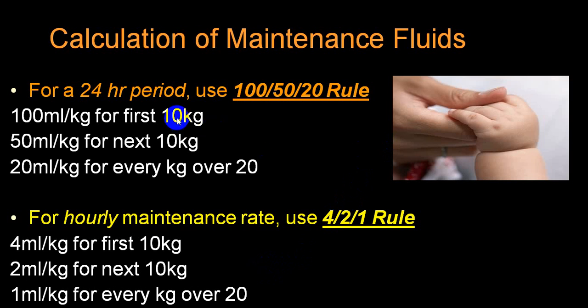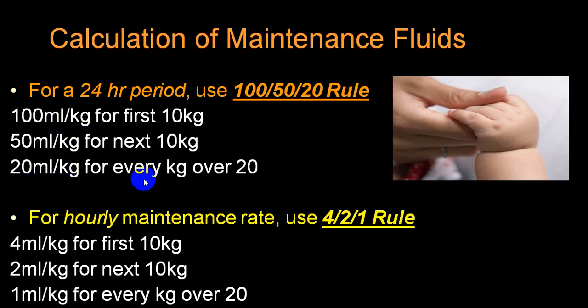And same if you calculate here, it will be 100 plus 50 plus for another 40 kg, it will be 80 ml. So 100 ml per kilogram for the first 10 kg, that will be 1 liter. Then 50 ml per kg for the next 10, so it will be 500, so 1500.